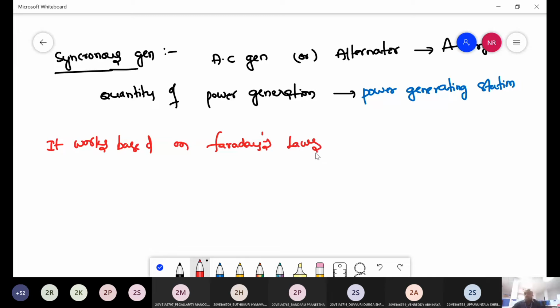What is that Faraday's law? Whenever a conductor cuts the magnetic flux, an EMF is induced in that conductor, and that induced EMF is directly proportional to rate of change of flux.